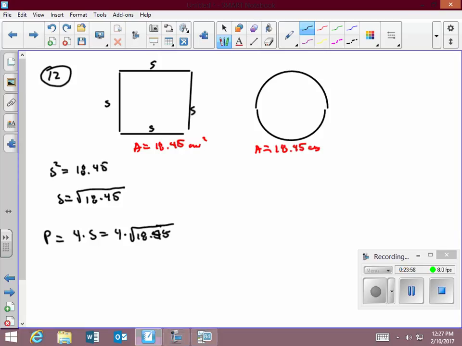Now we want to find the circumference, so we're going to have to find the diameter. The formula for the area is pi r squared.